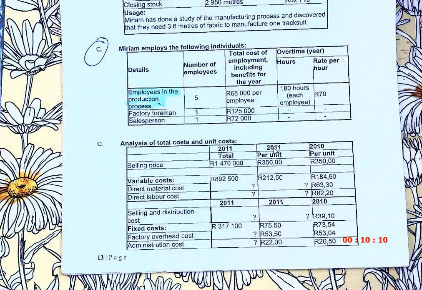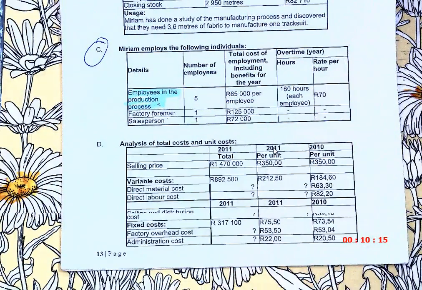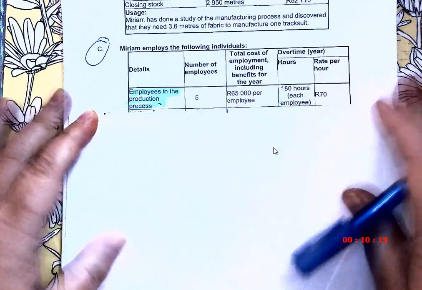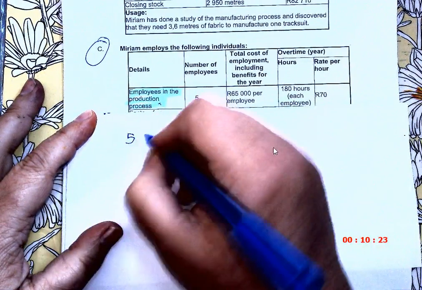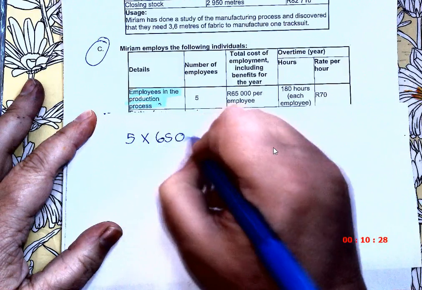Okay. So, if I look at this, I have 5 workers who each gets 65,000 Rand a year.